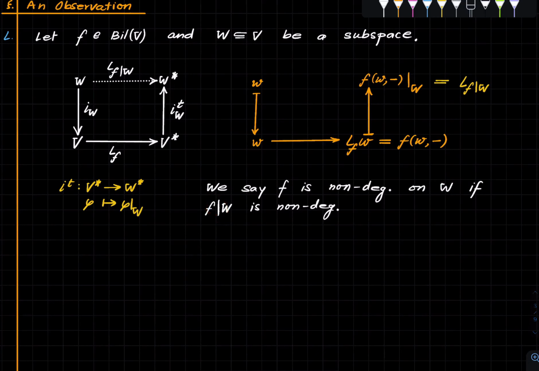And this does not conflict with the terminology that we introduced earlier, because F is non-degenerate is equivalent to saying that F is non-degenerate on the entire vector space V. So it's just an extension of the previous notion. Okay. So this terminology we have, and so let's move on.